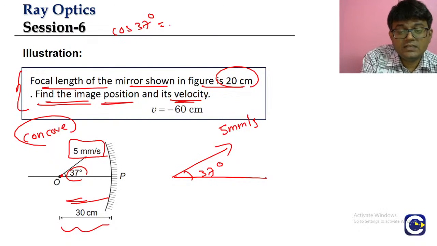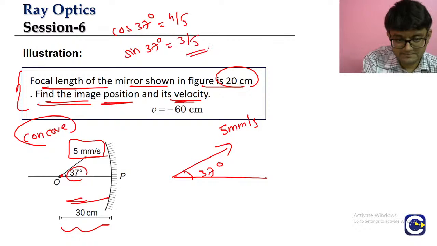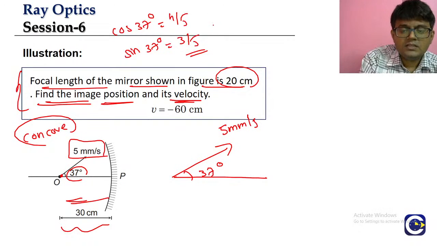Cos 37 is 4 by 5 and sin 37 is 3 by 5. The complementary angle is 53, because 37 plus 53 is 90.